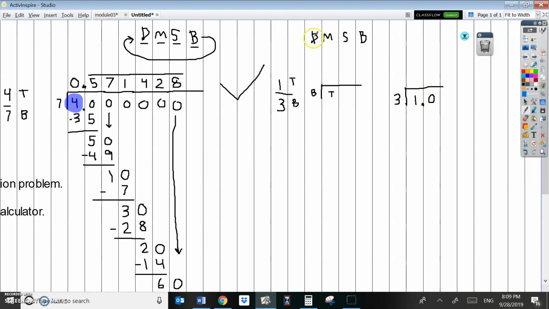And then divide. How many 3's fit in 10? Or 3 times what is close to 10? So, put in a 0 there because you can't fit any 3's into 1. But you can fit 3 3's into 10. Now multiply. 3 times 3 is 9. And now subtract. 1. And bring down a 0.